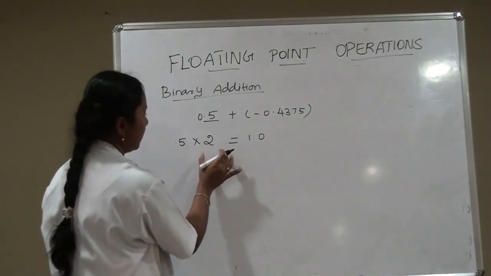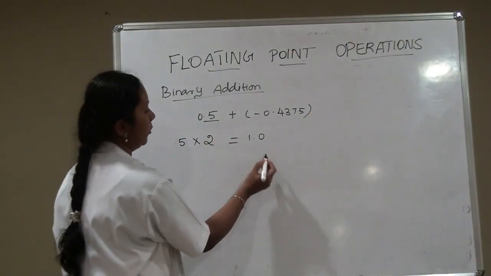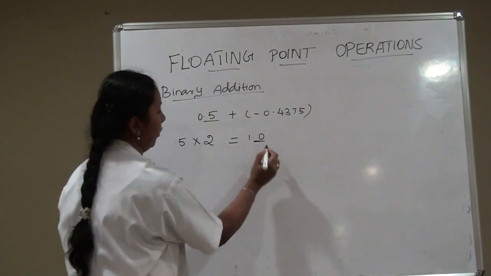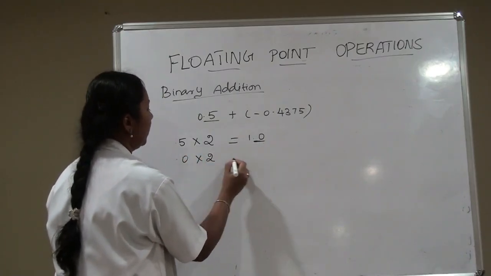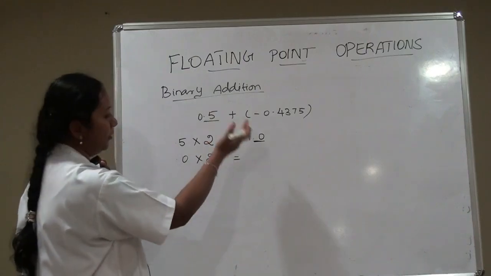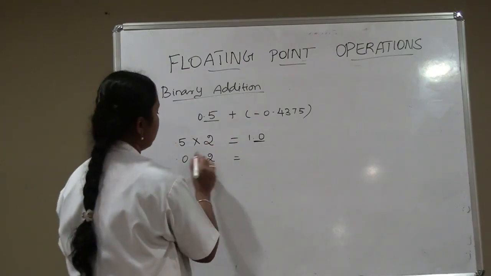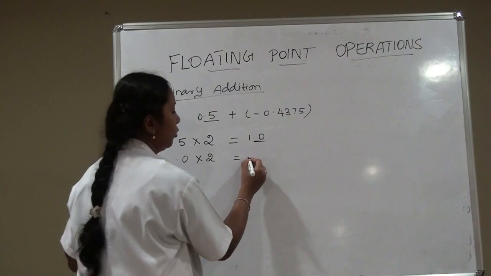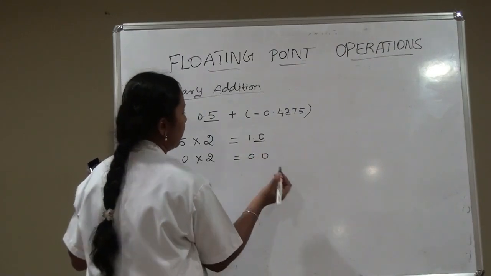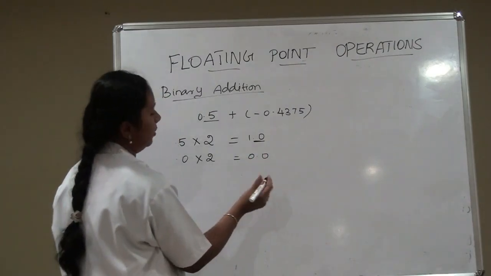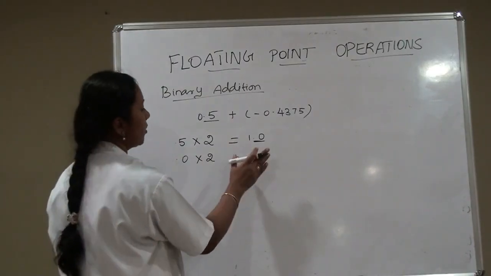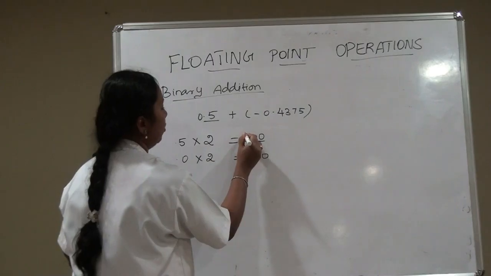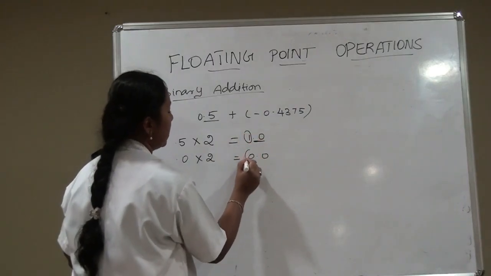After performing this multiplication, once again I take the 0.0 alone, because we are converting the number placed after the decimal point. So once again 0 into 2 is 0. Further I cannot proceed, because even if I proceed, I am going to get 0 only as my result. So I can stop with this.